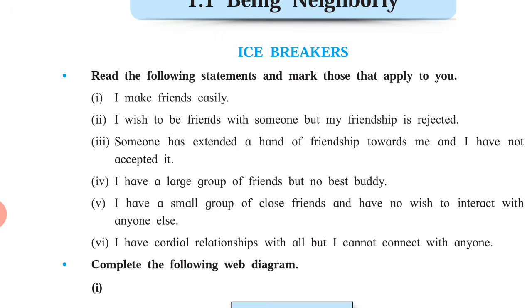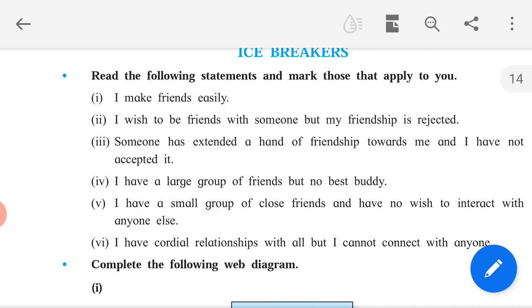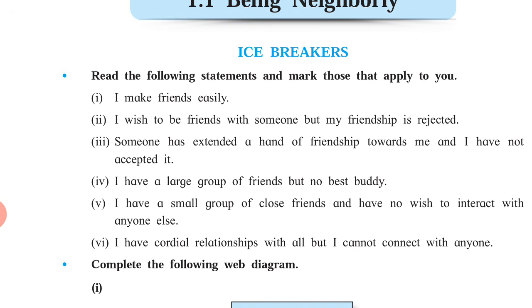Next one, I have a large group of friends but no best buddy. Next one, I have a small group of close friends and have no wish to interact with anyone else. Next one, I have cordial relationships with all but I cannot connect with anyone.